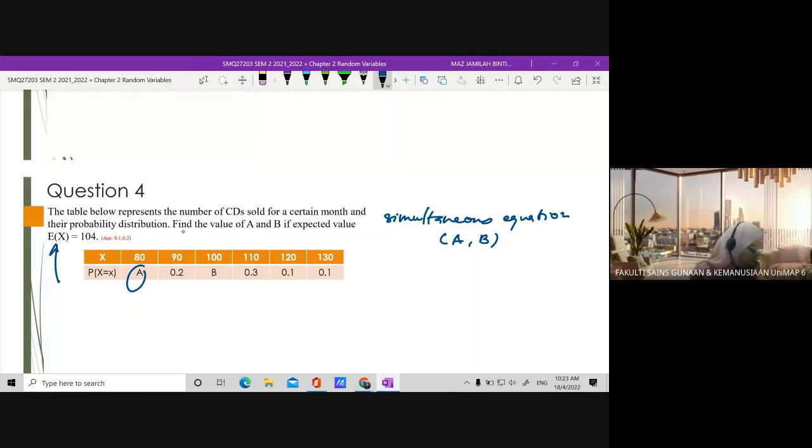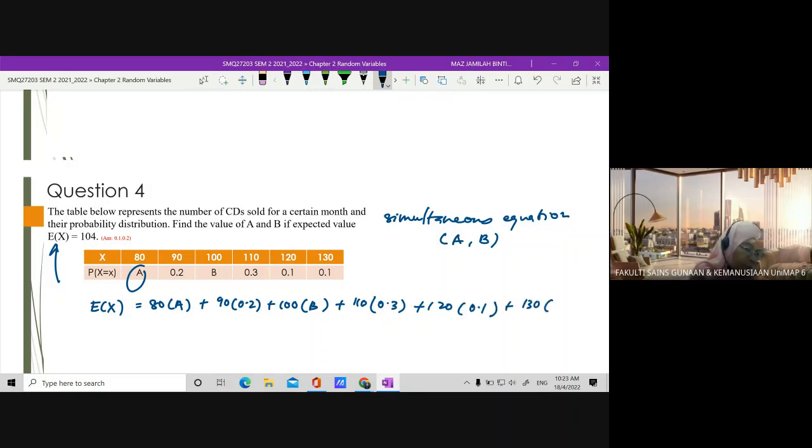So you can apply expected value of X is what? 80 times A plus 90 times 0.2 plus 100 multiply with B plus 110 multiply with 0.3 plus 120 multiply with 0.1 plus 130 0.1, okay, is equal to what? 104.